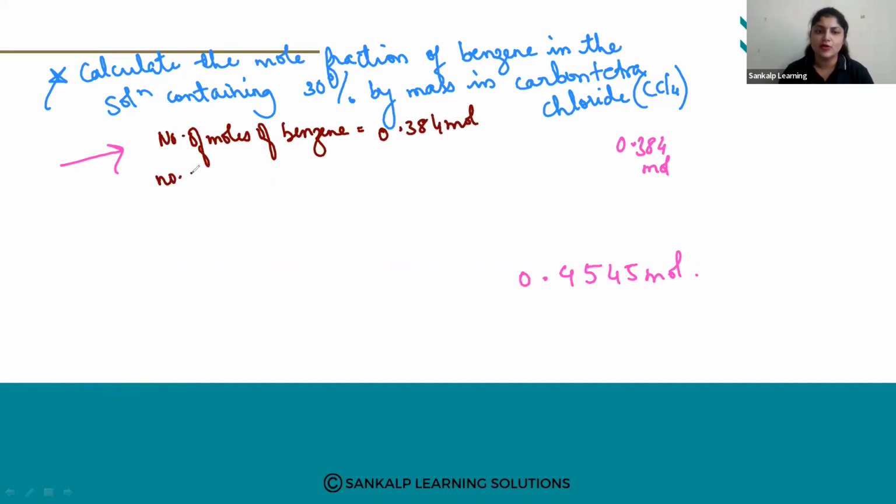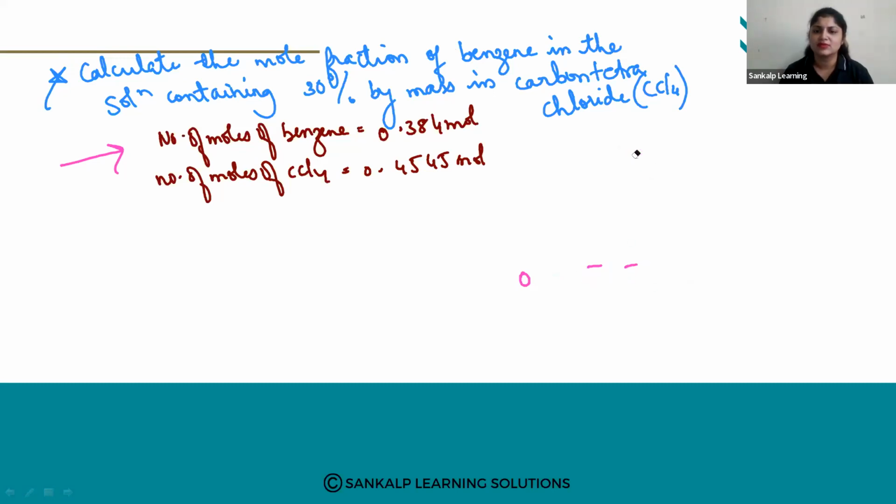And number of moles of CCl4 is 0.4545 mole. So this is the first step. Now, mole fraction of what have they asked?